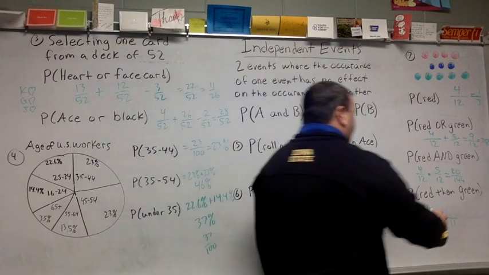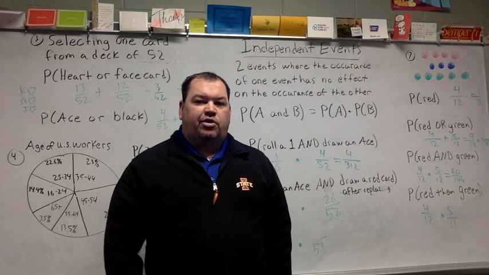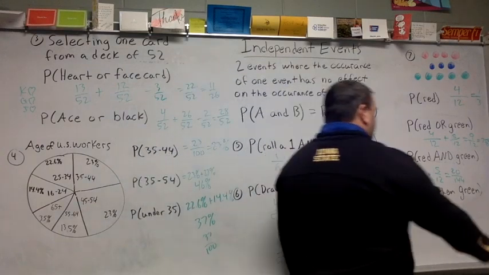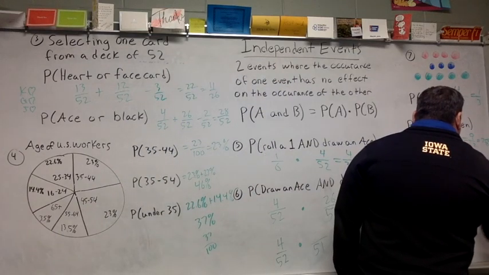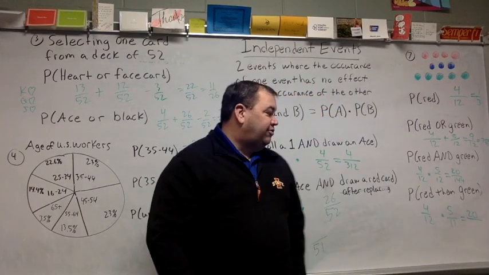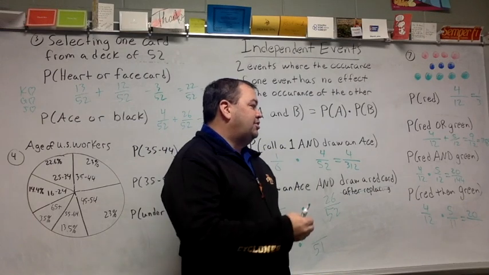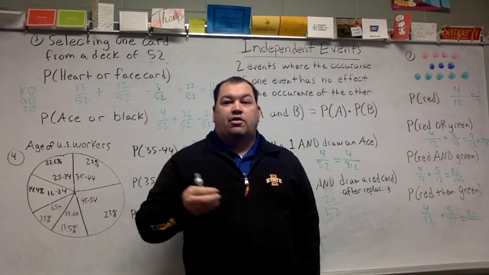I still have 5 ways of having a favorable outcome, but now my calculation changed a little bit. I still get the 20 on top, 20 favorable outcomes, but my bottom number has changed. I have to take 12 times 11. So it's going to actually increase my chances a little bit of red followed by green.